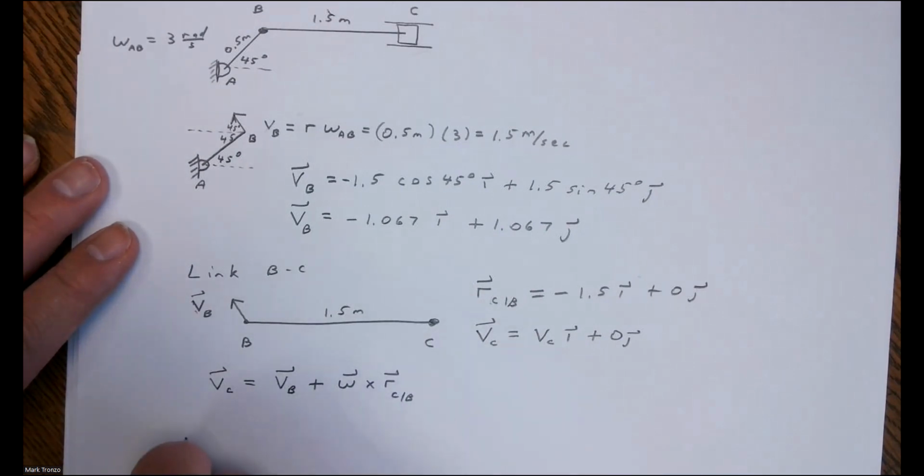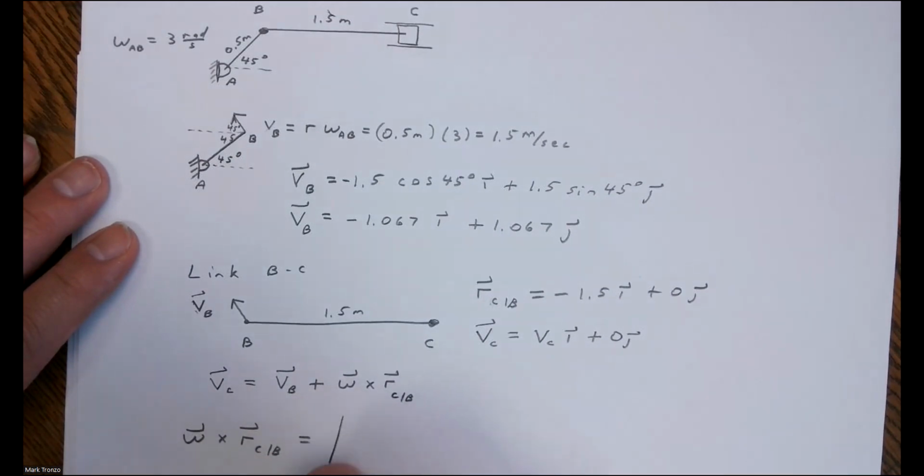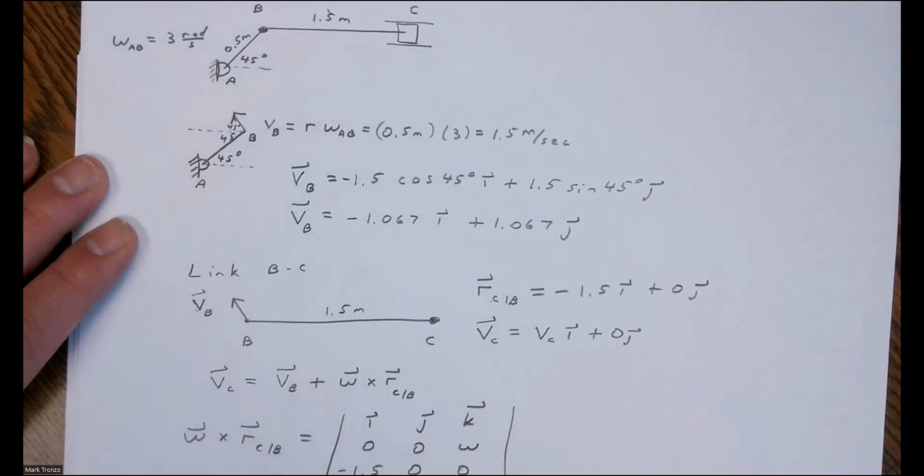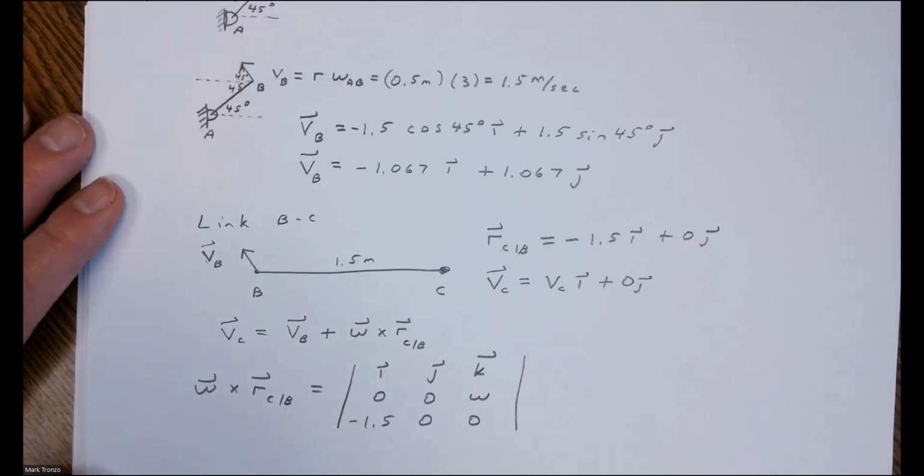We can calculate omega cross RCB. And remember, it's 0, 0, omega times RCB, which is negative 1.5, 0, 0, like this.